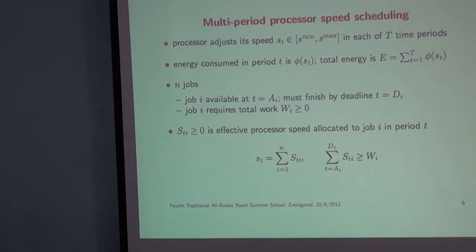Okay, and the idea is that you adjust your speed, and the speed says how fast you can carry out calculations, but it also affects the power dissipation. So this is the trade-off. And the energy consumed is a function of the speed.